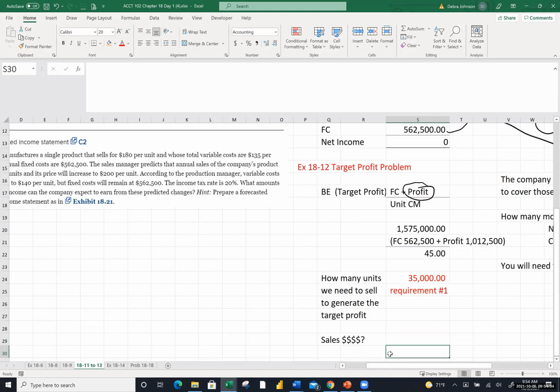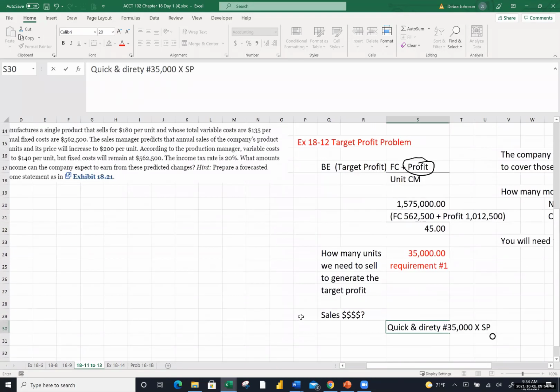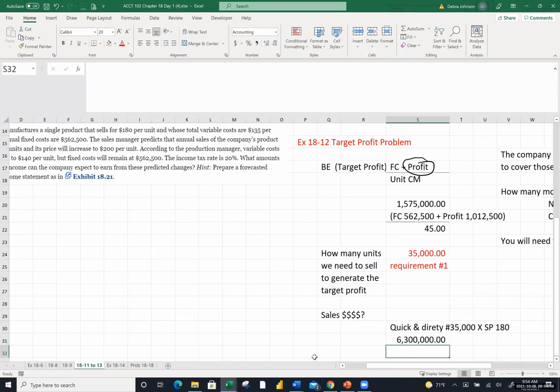So I'm going to call this quick and dirty for me: just take that 35,000 units that we just calculated and multiply it by the sales price for 1 unit. And that sale price was 180. And that'll easily give me the sales dollars. I'll put a $ sign on that so we know that that's sales dollars.